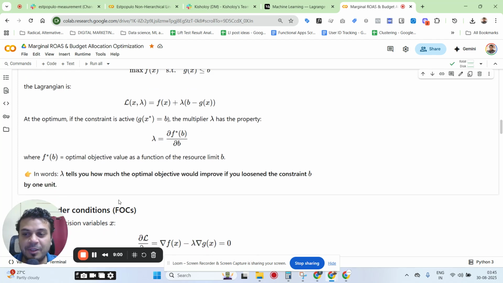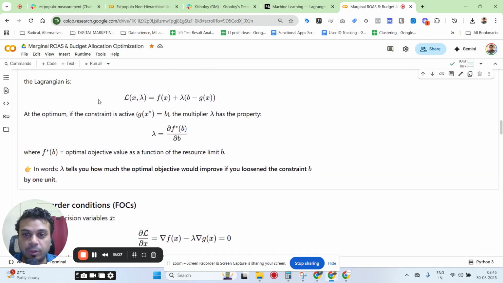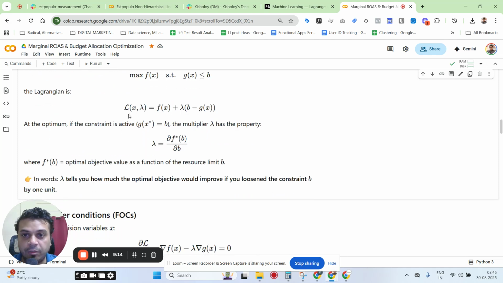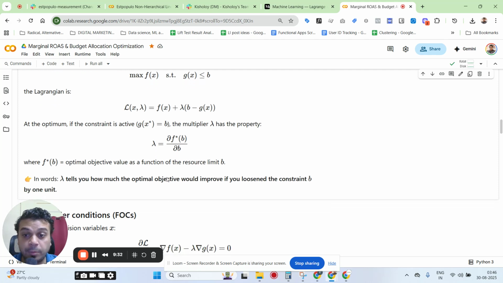To make it easier, lambda is telling you how much the optimal objective would improve. Your optimal objective, remember, is to maximize L(x, lambda). So how much will that improve if you loosen the constraint b by 1 unit? How much of an improvement is that change of b going to bring about in your optimal objective?